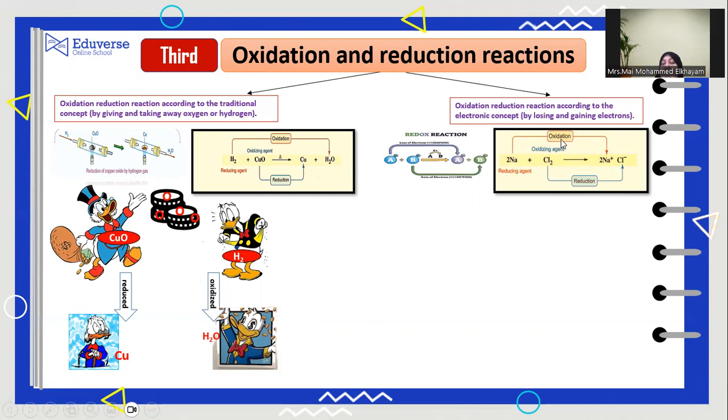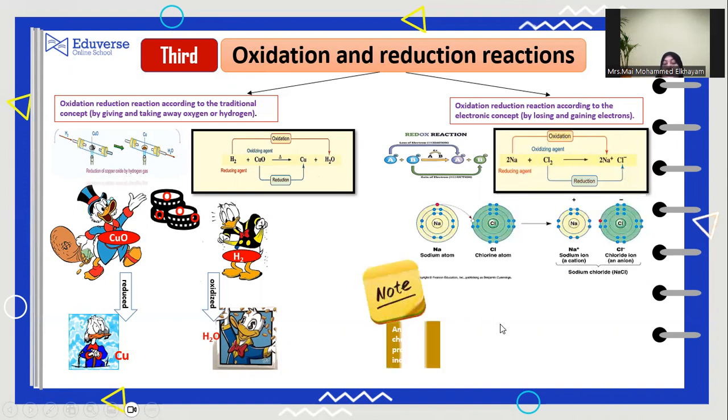This is the oxidation process, and it becomes a reducing agent. While chlorine, to become a chloride negative ion, will gain the lost electrons from the sodium, and this is the reduction process. What is the name of chlorine here? It is the oxidizing agent.